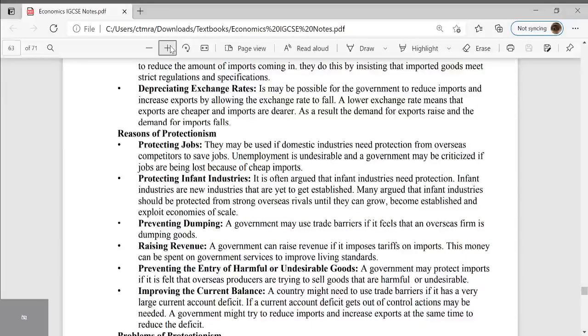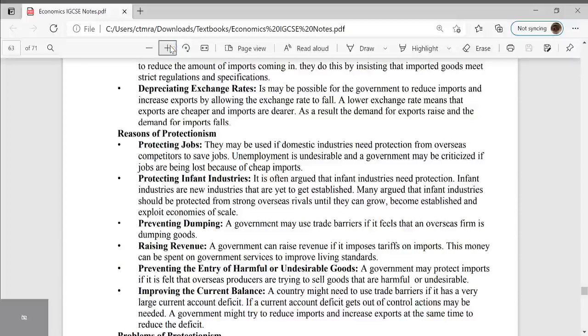So, because of the competition, domestic farms may shut down, and if domestic farms shut down, then local jobs will be lost and unemployment may rise.